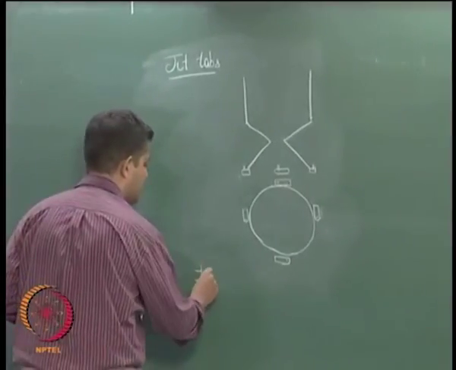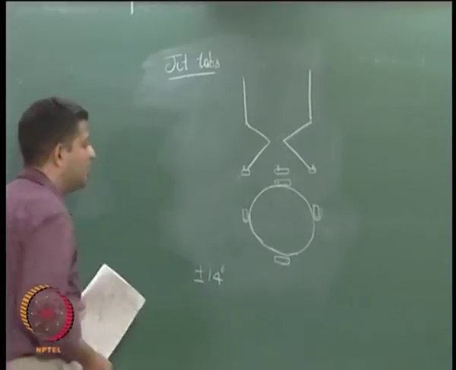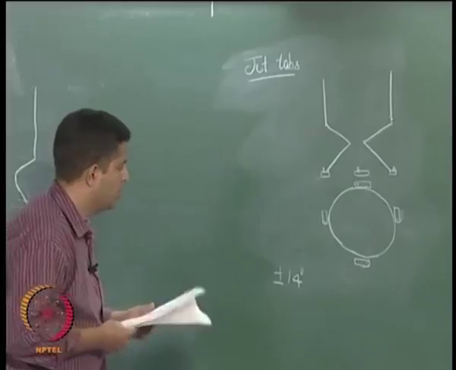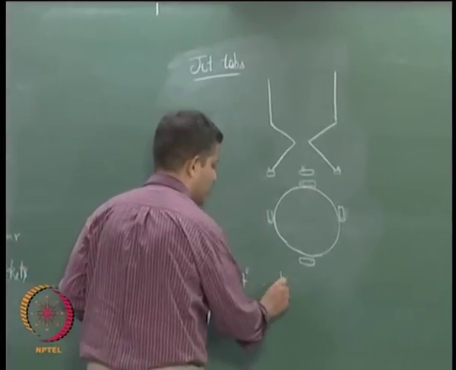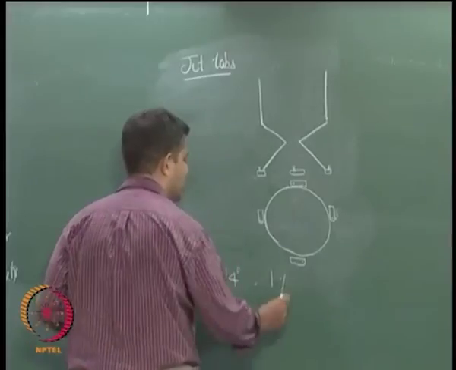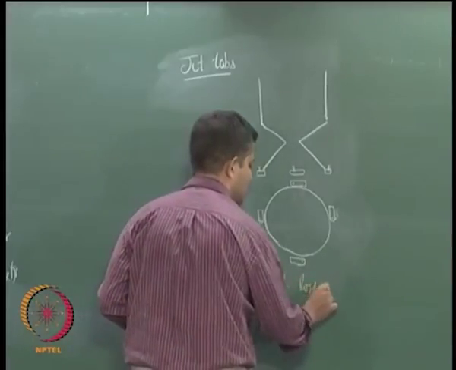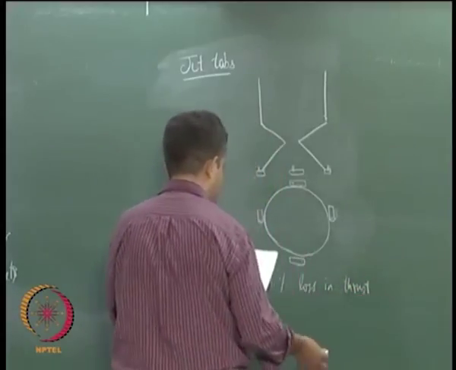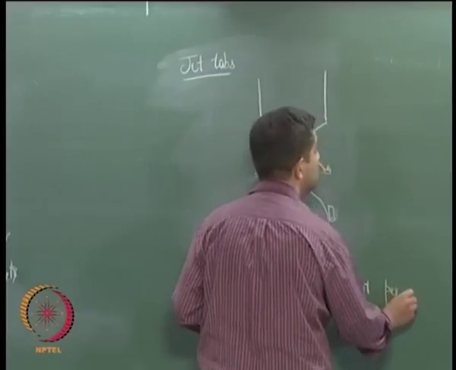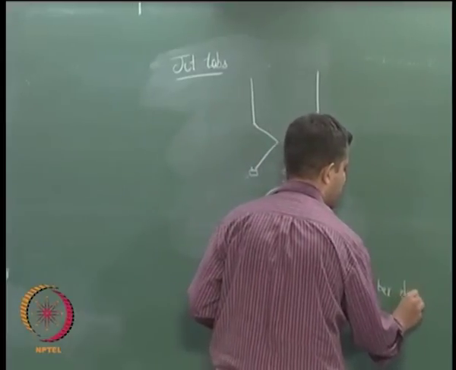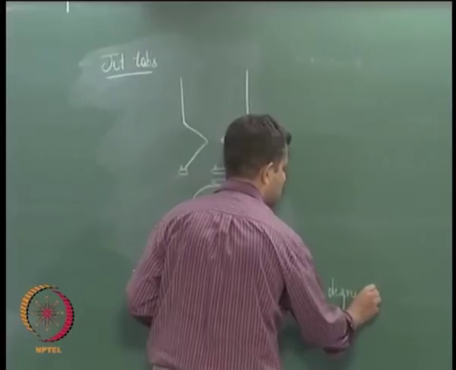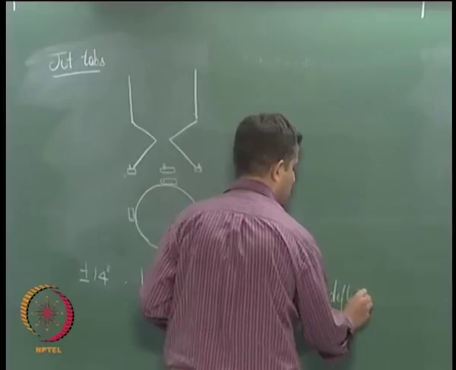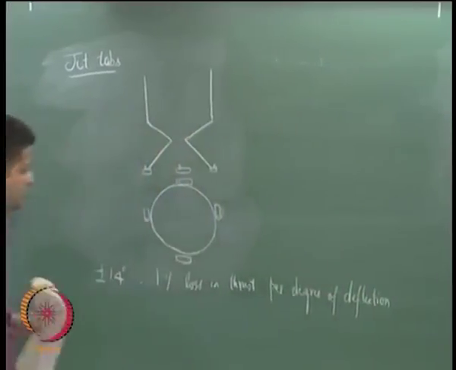With this you can get plus minus 14 degrees of change in the thrust, and whenever this is in use it leads to something like 1% loss in thrust per degree of deflection.